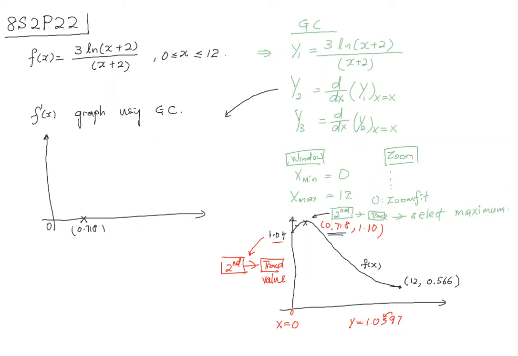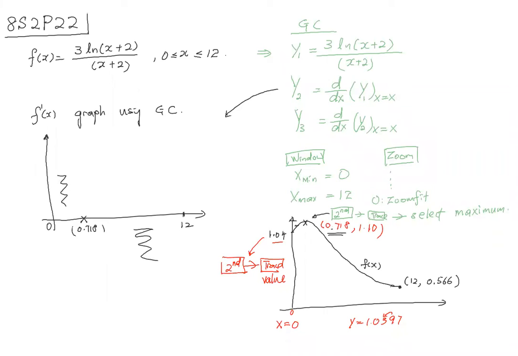So my F prime X will be positive. And after that it is going down. So this part after this, it will be negative until 12. Clear? So you can have this. So far, so good, everyone?